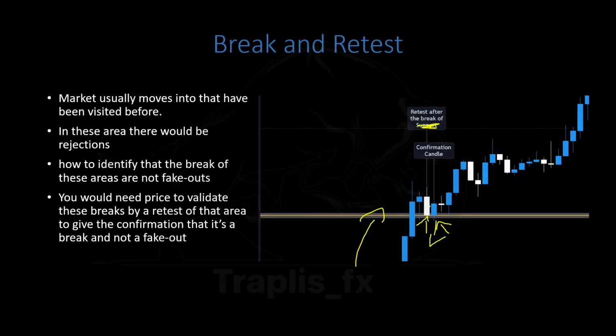If these two candles did not come down below, that means that the break is good. Now all you need to do is take the trade, take a buy, and just ride the trend. That's it. So you would need a break, a retest, and then this is your confirmation candle that tells you, hey, I'm not going anywhere, I'm still bullish, we're going to keep moving up, and that's the trade you'll be taking.